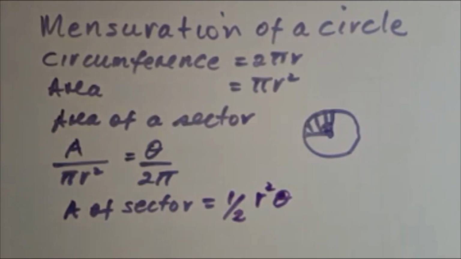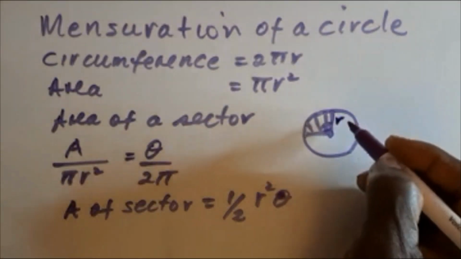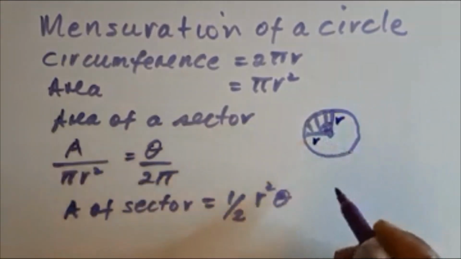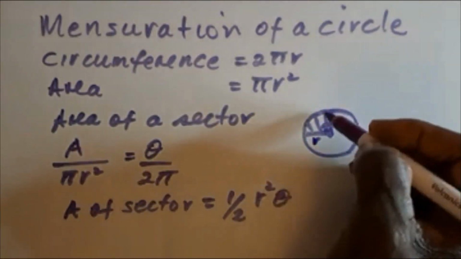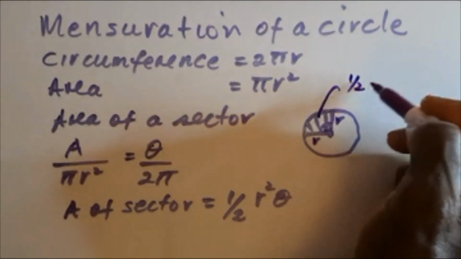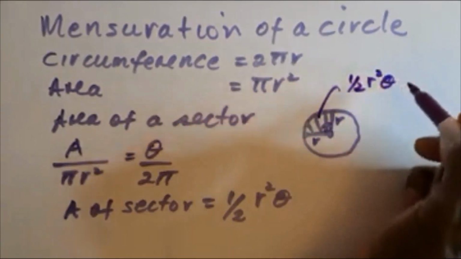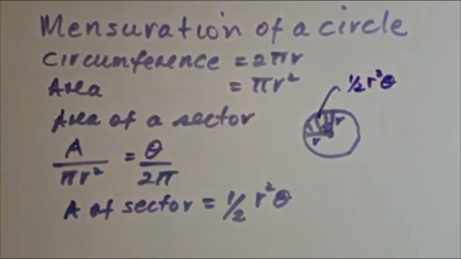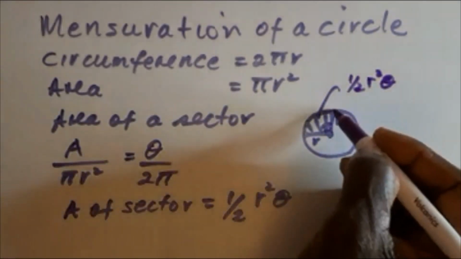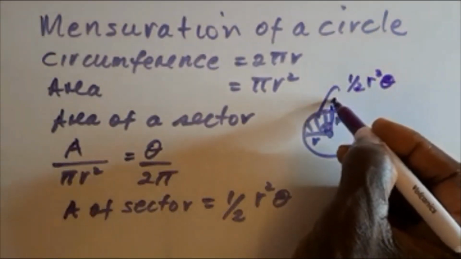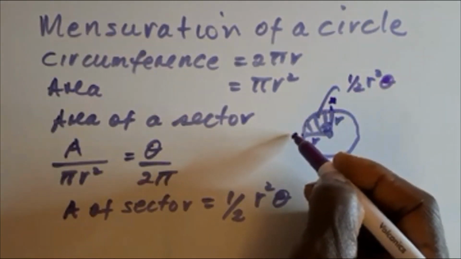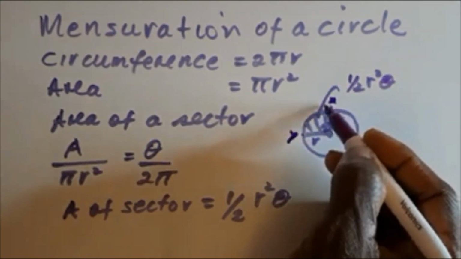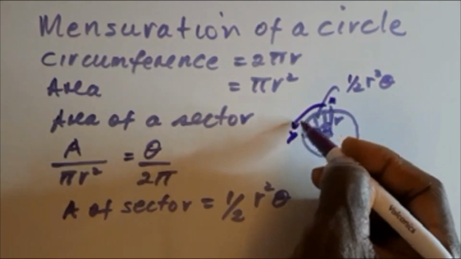And if we label this a bit more, we have r, the 2 radii, and this is our half r squared theta. And we have the arc here, let's say that's at x, and this is at y here. This is the arc.